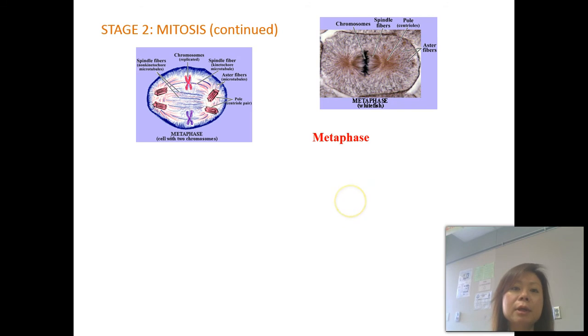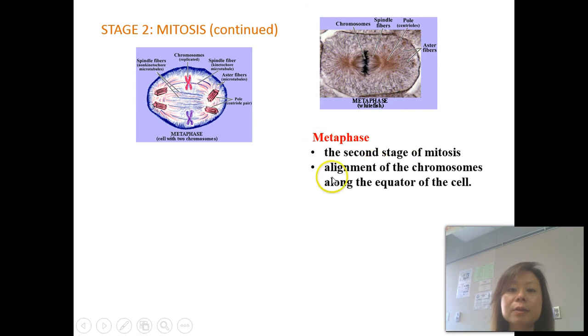Okay, the next part of mitosis is metaphase, and this stage is really easy to remember because it starts with the letter M, and it's when the chromosomes line up in the middle, or the equator of the cell. You can see this is an actual photograph. All the chromosomes line up in the middle.